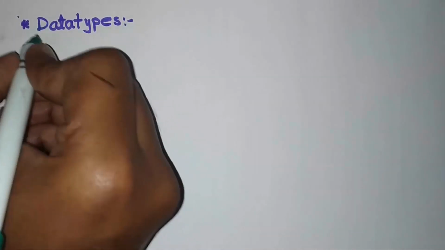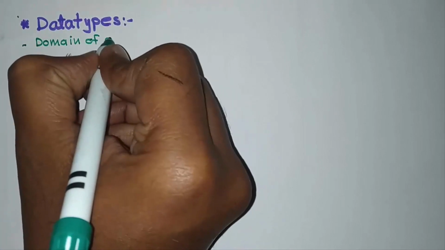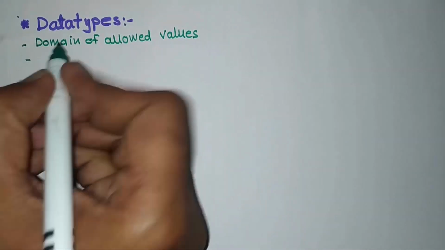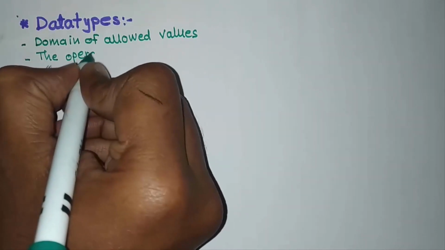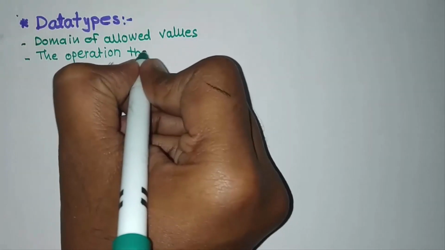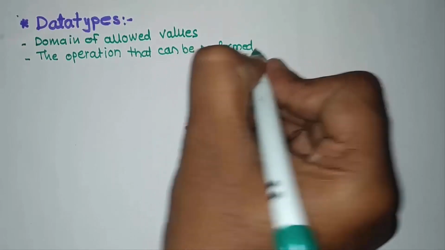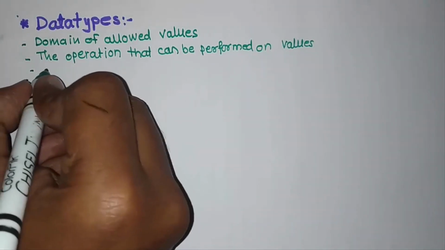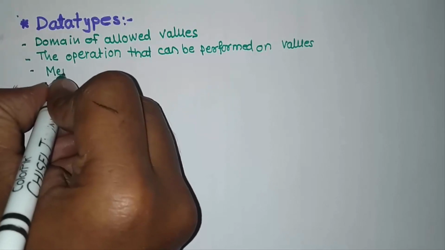Data types. Data types in a programming language define the domain of allowed values; the second thing, the operations that can be performed on these values; and third and most important one, the amount of memory required to store a value, that is simple memory allocation.